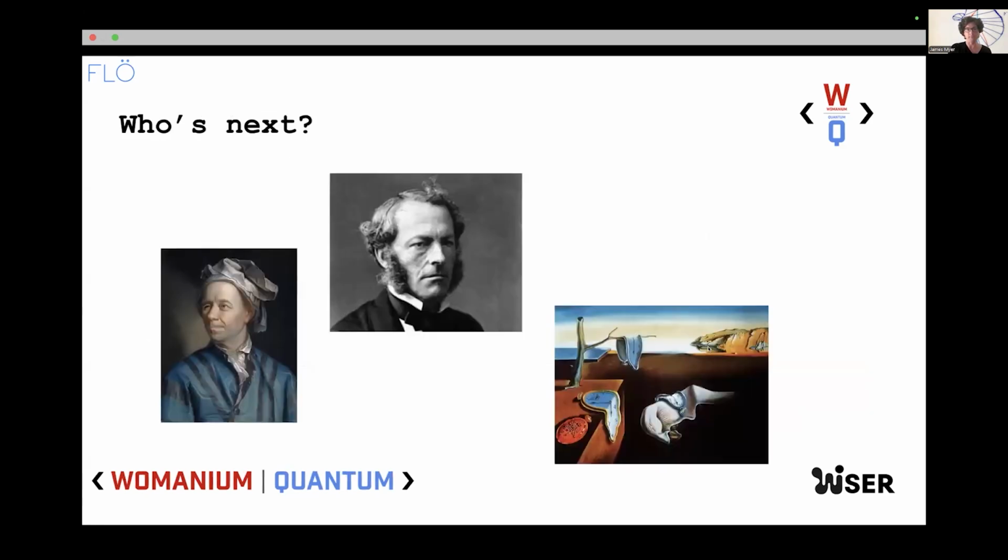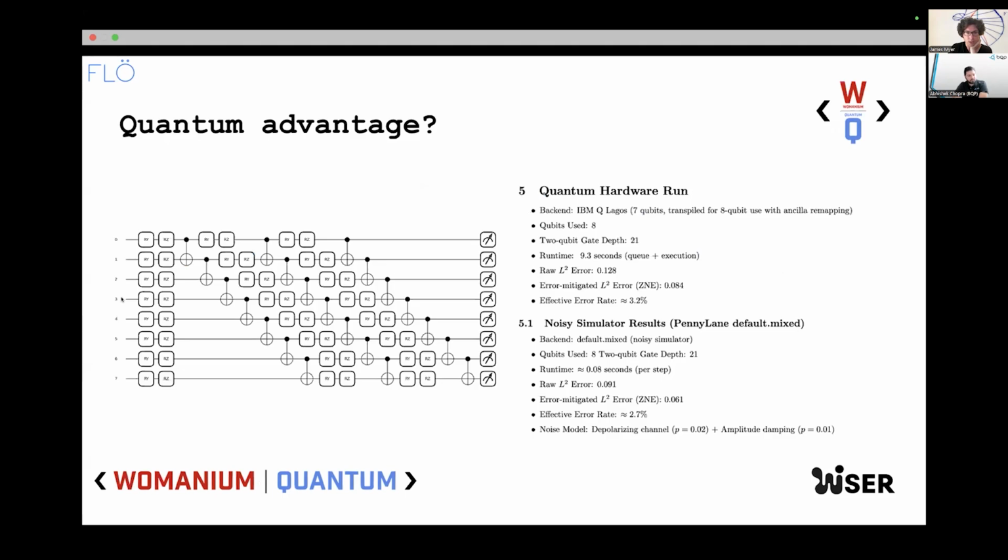Anyway, so who's next? Well, there's Euler's equation. There's the Navier-Stokes equation, of course. And if we had more time, we would have probably had an even deeper understanding of really what's going on here. And maybe we could even improve on this circuit that I showed you in the previous slide. I think we could probably do better than this. We just had to slap something together for the sake of time.